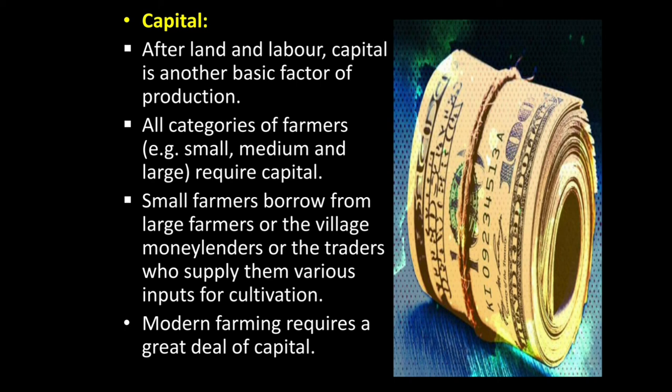Modern farming requires more capital. Modern farming, which includes the use of HYV seeds, modern techniques, more irrigation, more machinery and more pesticides, requires more capital because of these great inputs. So small farmers require less capital, whereas medium and large scale farmers require more capital.